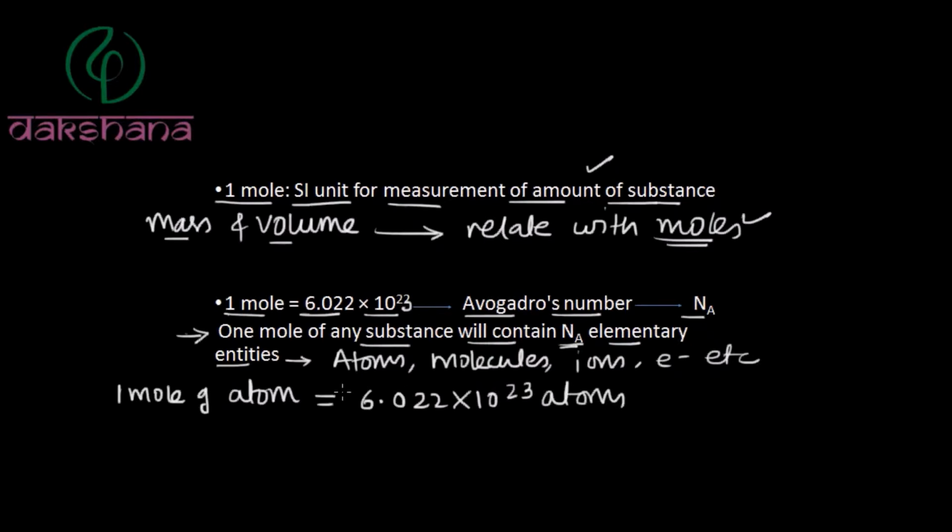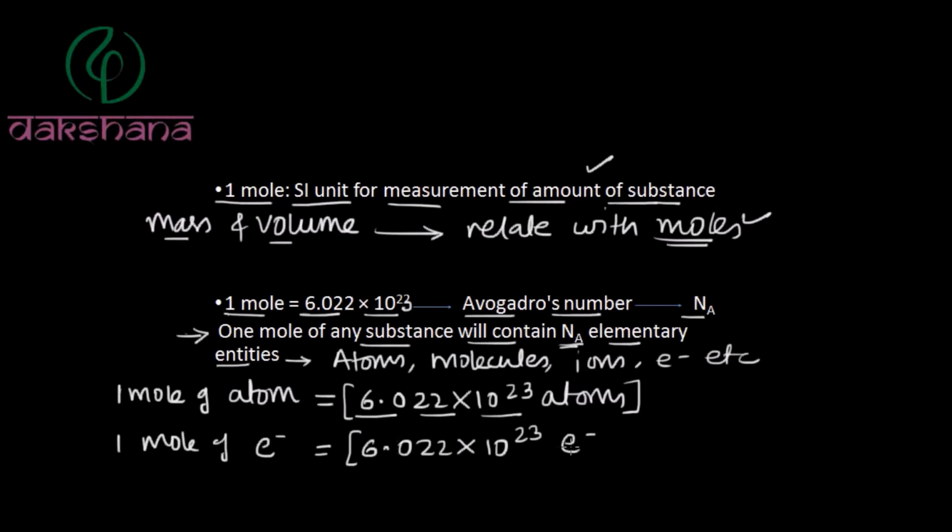So from this I can say that 1 mole of atoms will be a collection of 6.022 into 10 to the power 23 atoms. Similarly, if I write 1 mole of electrons, this also means 6.022 into 10 to the power 23 electrons. A collection of this many electrons will be equal to 1 mole.